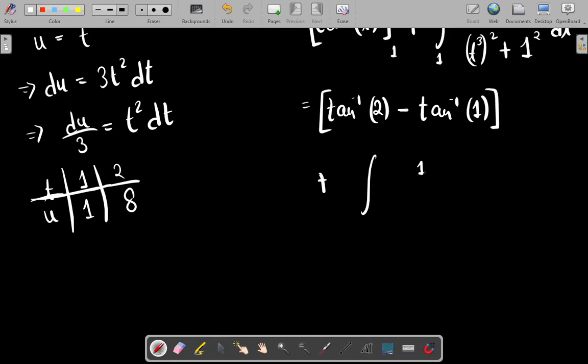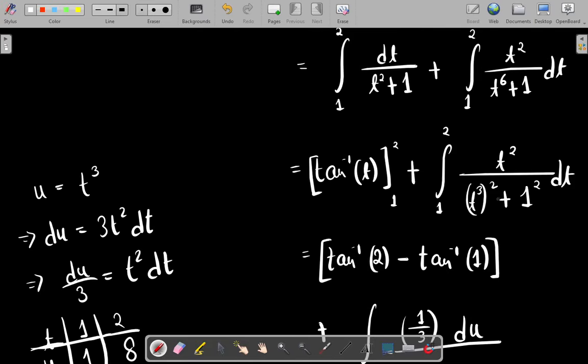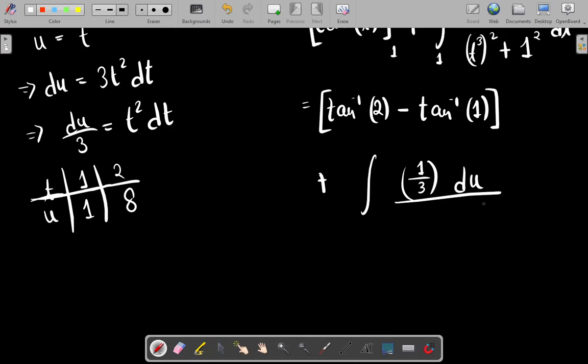So we can write it as 1 by 3 times the integral of du upon u square plus 1, with limits from 1 to 8.